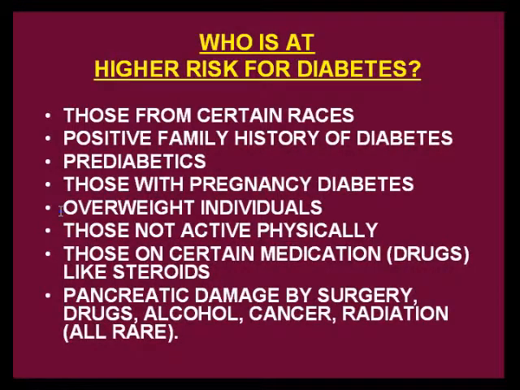If somebody has a positive family history of diabetes, if somebody is a pre-diabetic, those who had pregnancy diabetes, then overweight individuals, then individuals who are not active physically, those individuals on certain medications like steroids, and any cause leading to damage to pancreas, including surgery, drugs, alcohol, cancer, and radiation. Pancreatic damage as a cause of diabetes is not very common.